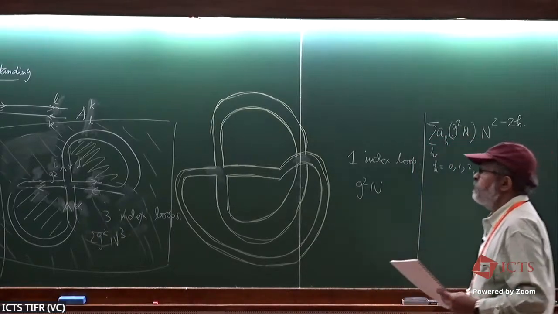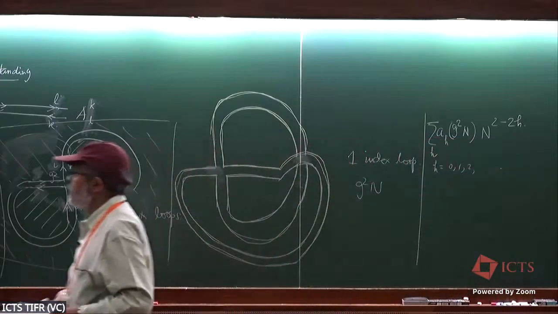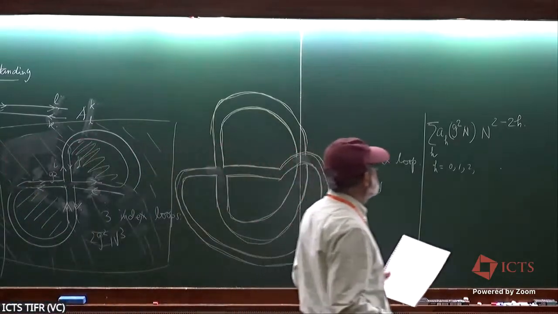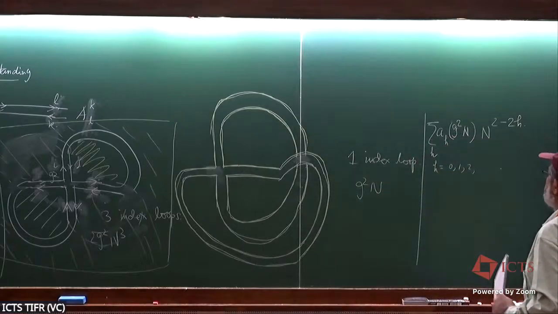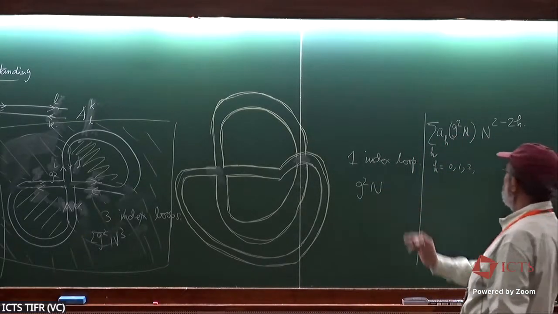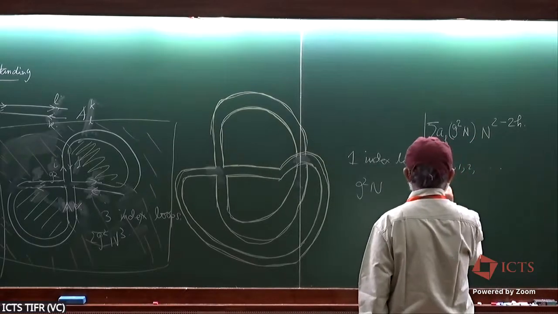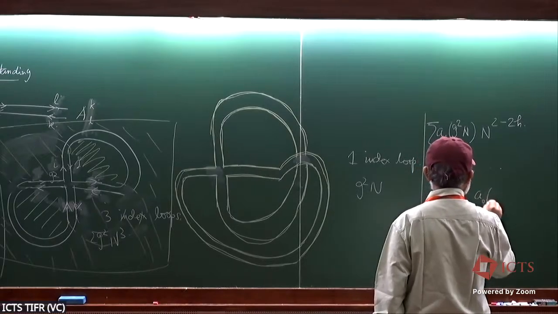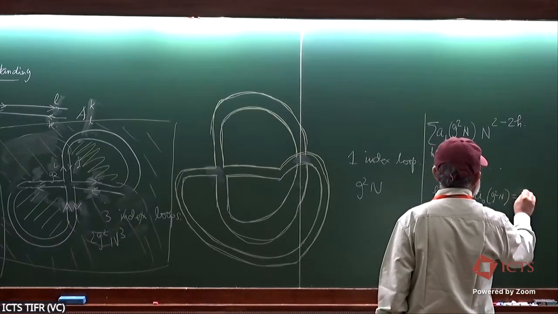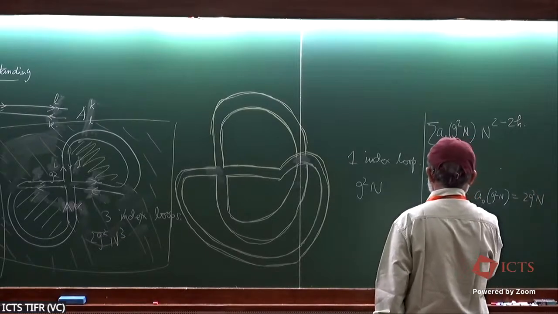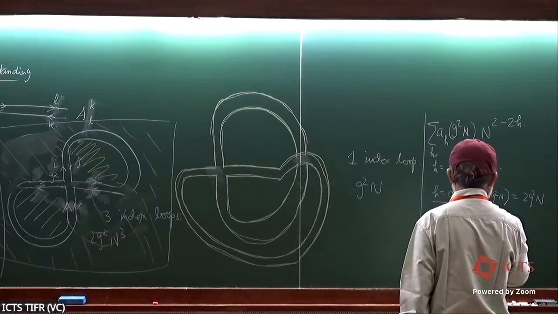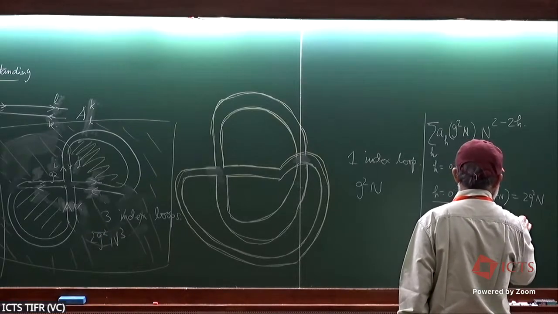So if you take arbitrary gluon diagrams, let's say vacuum diagrams with no external legs, they would be of this form. In this example, what have we got? For h equal to 0, we got that a0 of g square n is 2 times g square n, and for h equal to 1, a1 of g square n is equal to g square n.